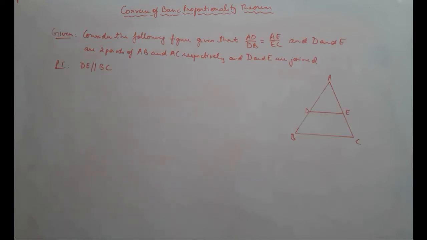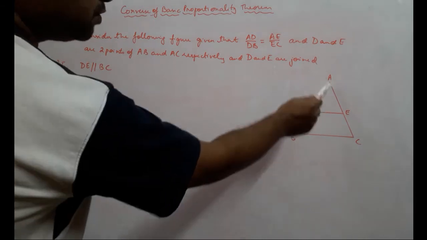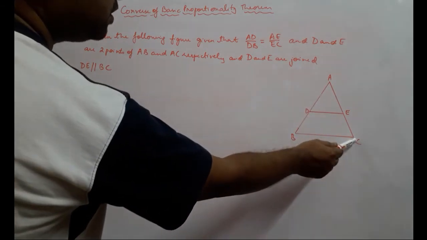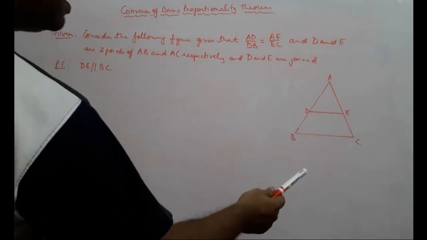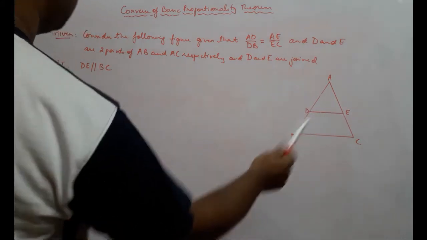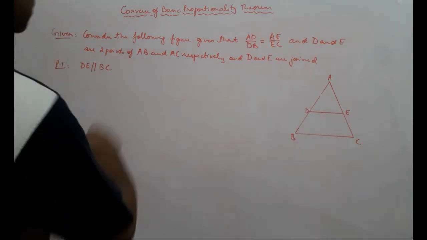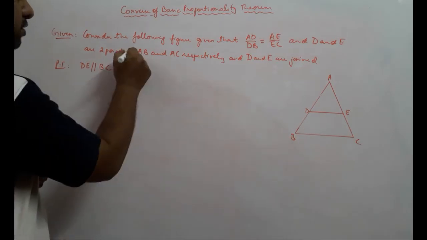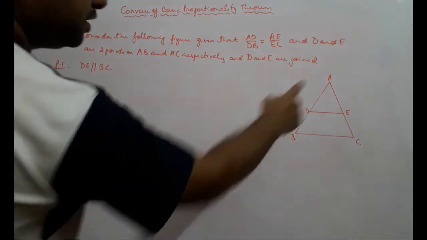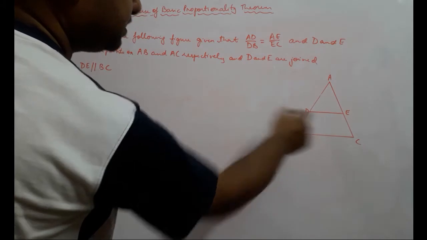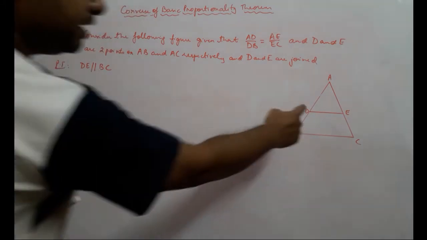Consider the following figure, given that AD upon DB is equal to AE upon EC, and D and E are two points on AB and AC respectively, and D and E are joined.